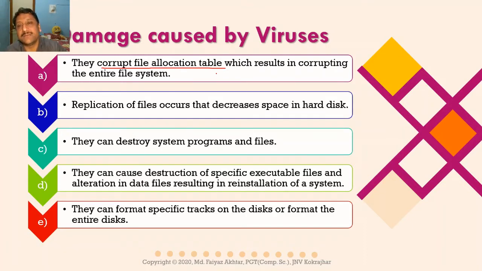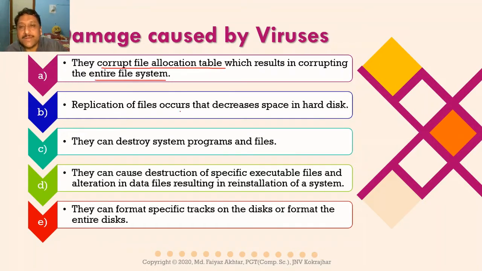If that is corrupted, then the whole system will not work, and even the operating system is not able to start properly, which results in corrupting the entire file system.